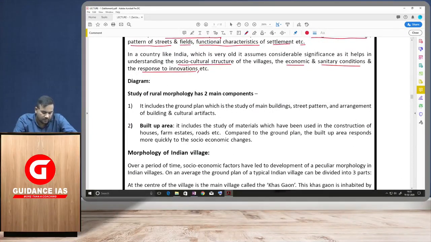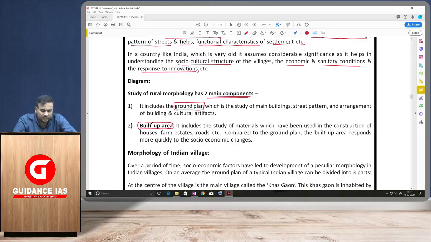So, in the study of rural settlements there are two main components of rural settlement. One important component is the ground plan. Second important is the built up area. So if we talk about the ground plan, the ground plan hardly changes.